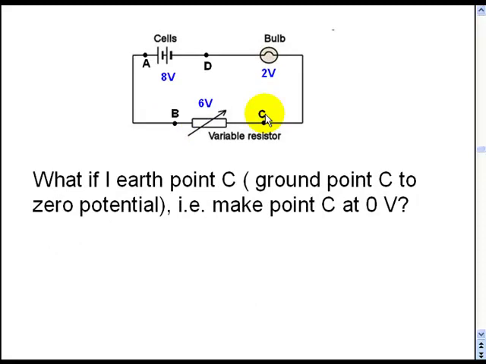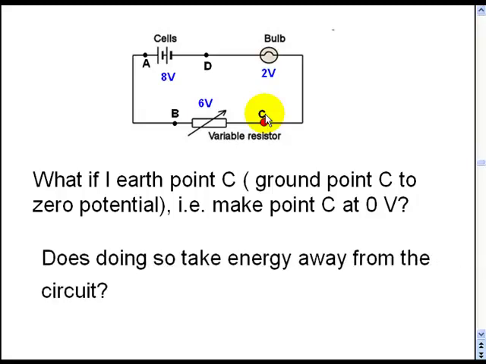Ground point C to zero potential, that is, make point C at 0 volt. Does doing so take energy away from the circuit? One certain conclusion is grounding point C should not change the 8 volt EMF of the cells, because grounding C to 0 volt performs no external work and that should not change the energy situation in the circuit.